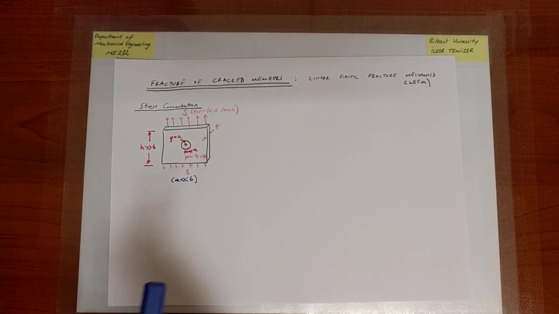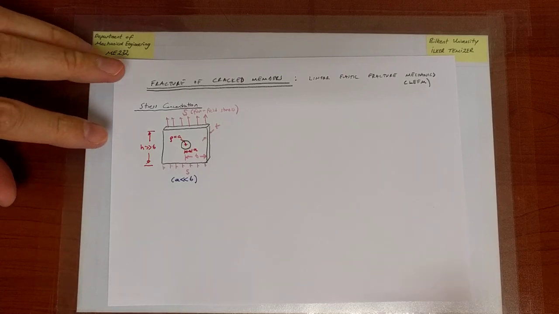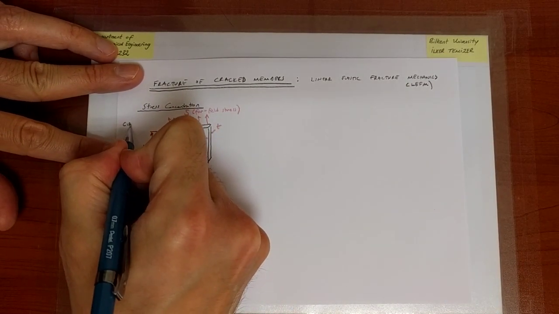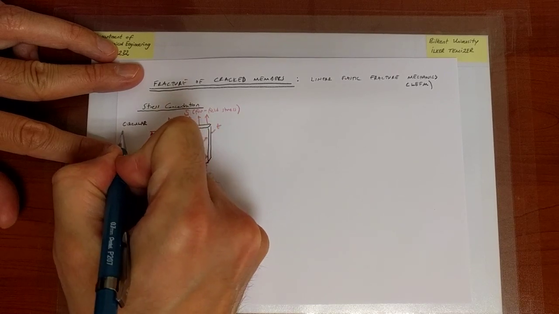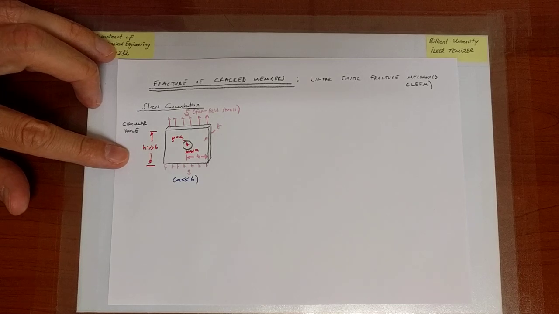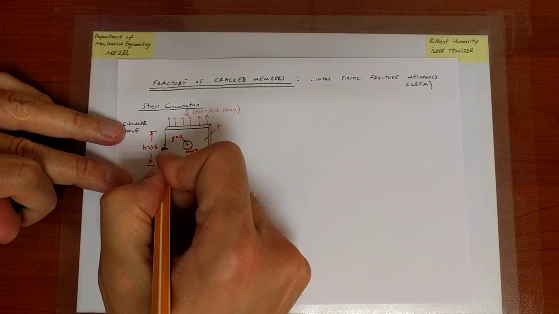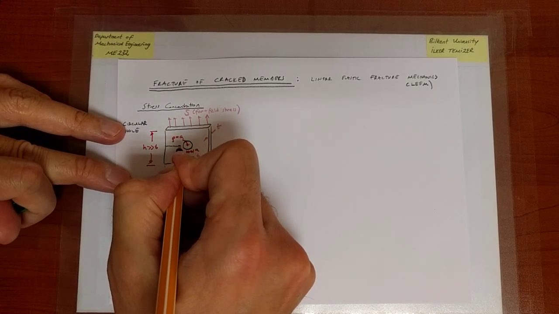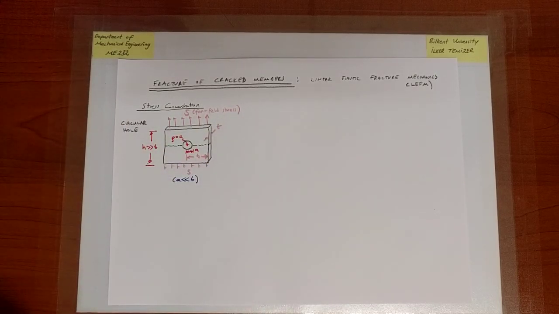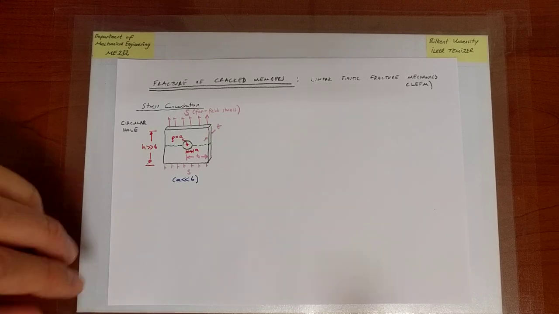So what we have is a circular hole, right? What we would like to do is look at the stress field that forms at this cross section. So I'm just going to take a cut along the green line right through the center of the hole, and I'm going to try and depict the stress field.